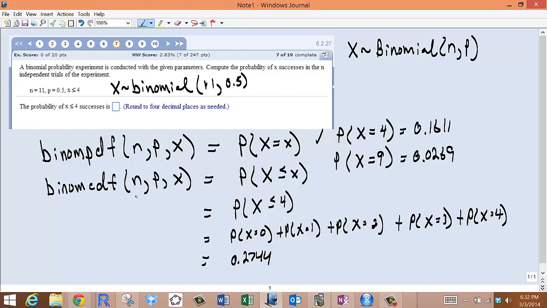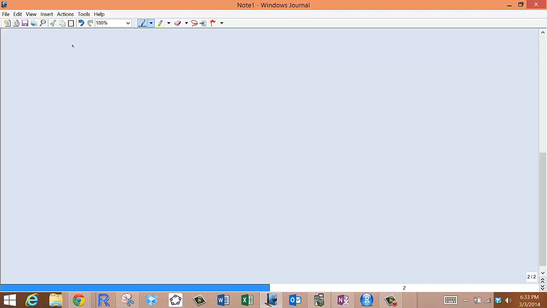Now, what if we wanted to see the probability of getting x greater than 5? So how would we do that? Let's say that we want to know the number of successes greater than or equal to 5. Now remember, this function only gives you the probability of less than or equal to some number.